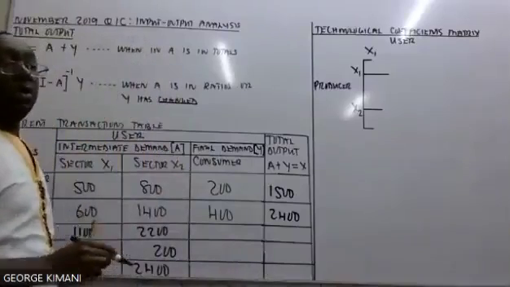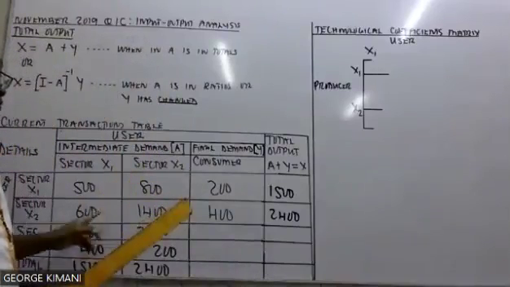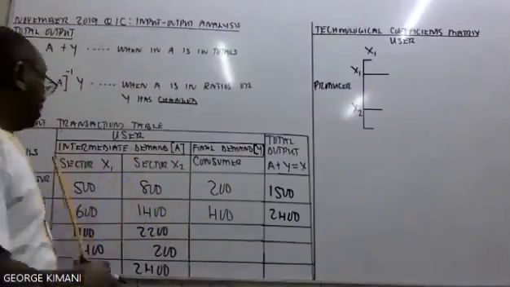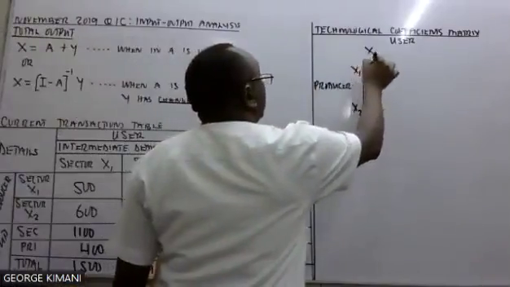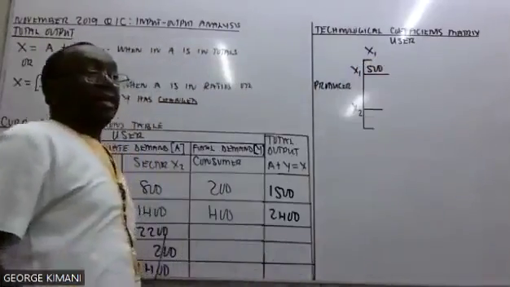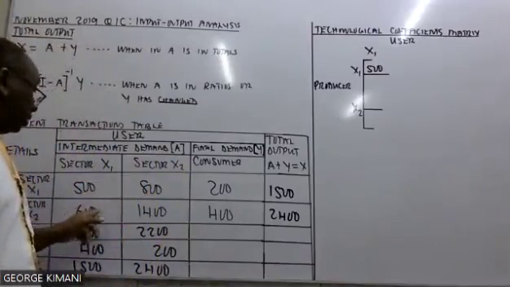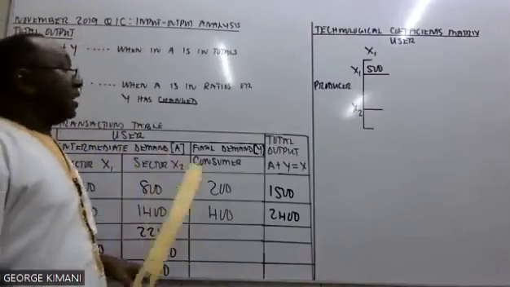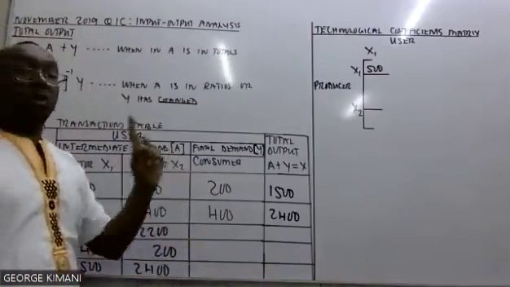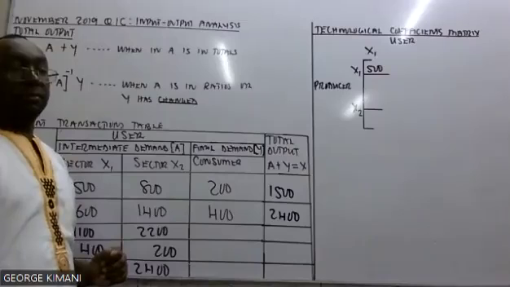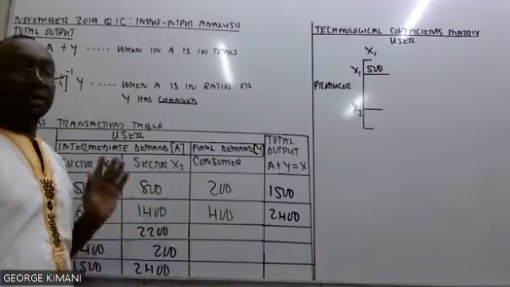So what you do is you take these values, these 500 and this one, because they are in column 1, you divide them by the total of row 1. That is how simple I can put it for exam purposes.